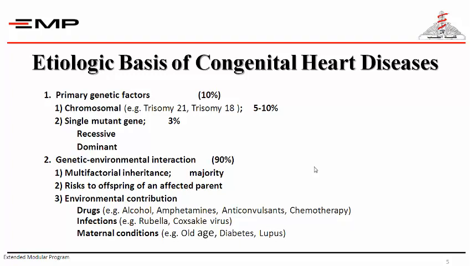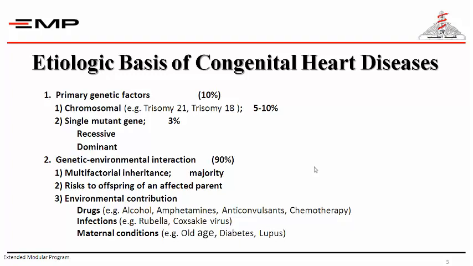Regarding the primary genetic factors, these are either chromosomal factors, as for example trisomy 21 or trisomy 18 as in Down syndrome and Turner syndrome, or a mutant gene as a recessive or dominant gene. The genetic-environmental interactions are either multifactorial inheritance, with the majority of the cases, or the risks to offspring of unaffected parents, or environmental contribution.